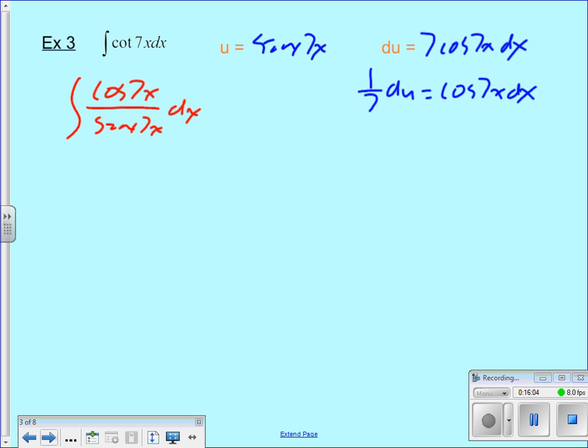And now I can do my substitution. So I have the integral of 1/7 du. That substitutes for the cosine and the dx. That's my replacement for the cosine of 7x dx. And then for the sine of 7x, I let u be the sine of 7x, so I get 1 over u.